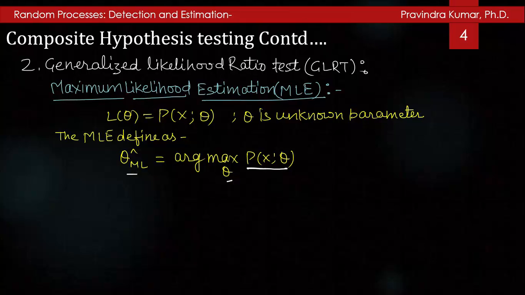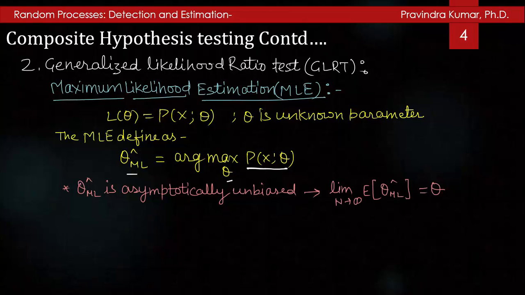The estimator theta ML cap is asymptotically unbiased. Asymptotically unbiased means that when we have a large number of samples, that is, when the limit n tends to infinity, the estimated value of theta will be equal to the true value of theta. It is also asymptotically efficient.